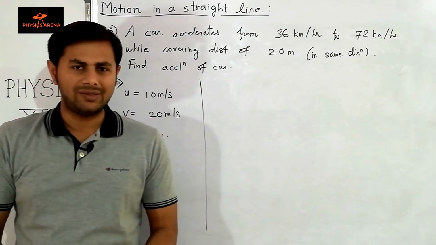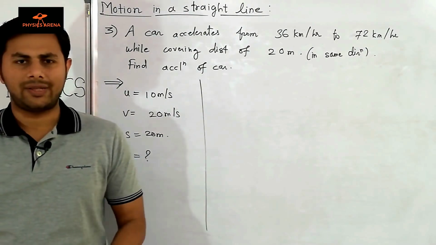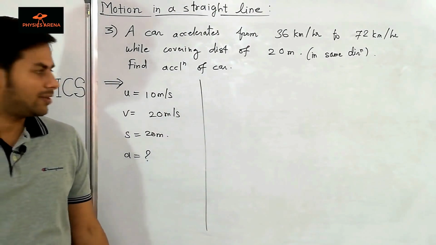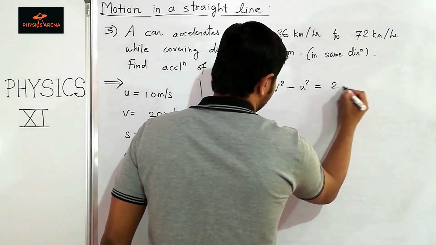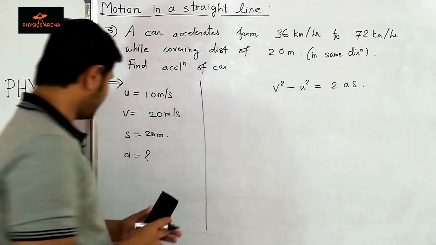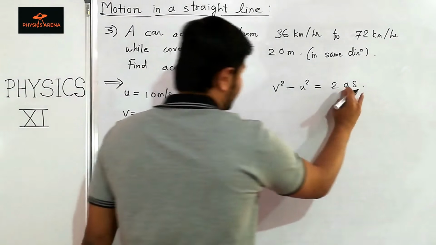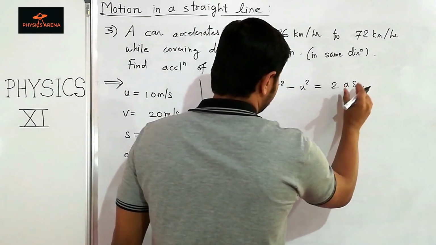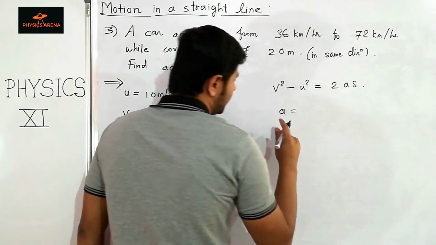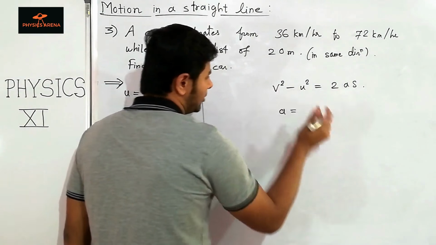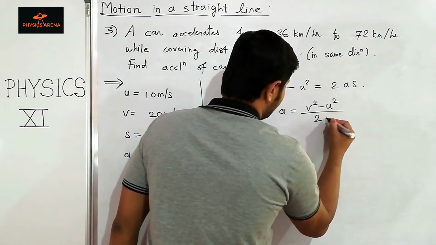Which equation? The equation containing u, v, s and a, that is the third kinematical equation, which is v squared minus u squared equals 2as. We have to find a, so let me keep a alone and take 2s on the other side. So a equals v squared minus u squared divided by 2s.